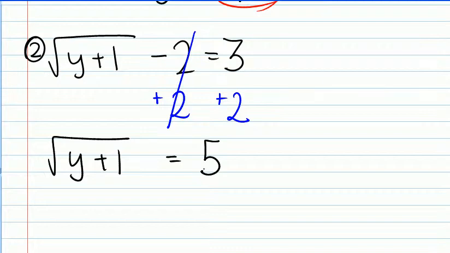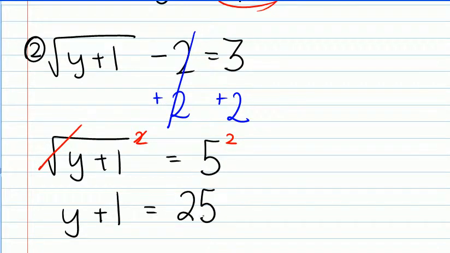Again, to get rid of a square root, we square both sides of the math problem. Five squared is still 25. But now we have that y plus 1 equals 25.